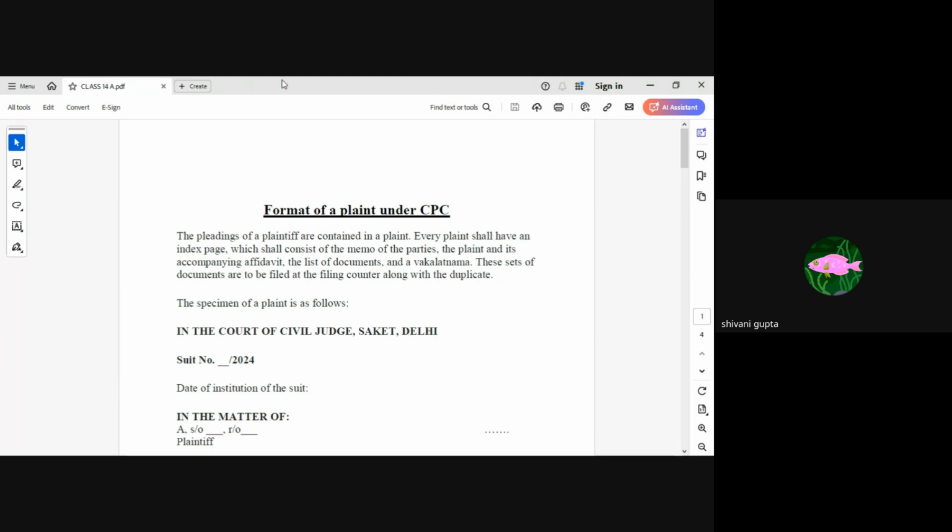If there are certain annexes relating to the facts of the case, then you will file a list of the documents and mention them in it, and you have to file it along with the plaint only. CPC is very interesting, because everything mentioned in the law, you just have to follow. Just go with the law.